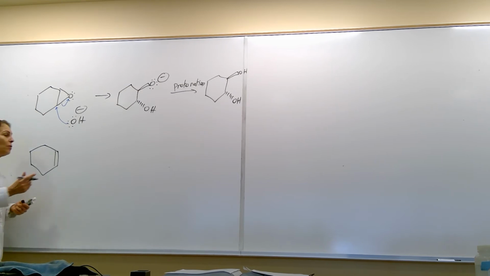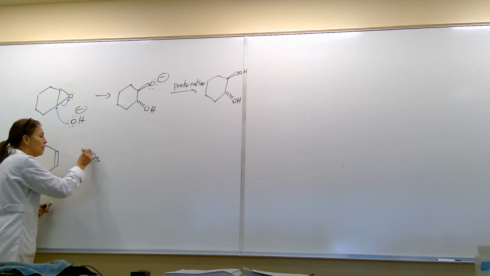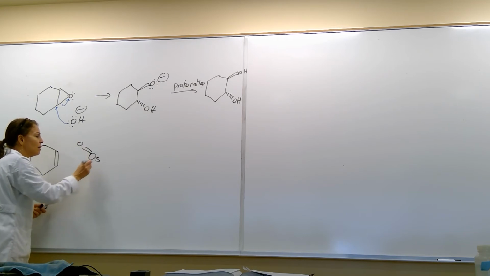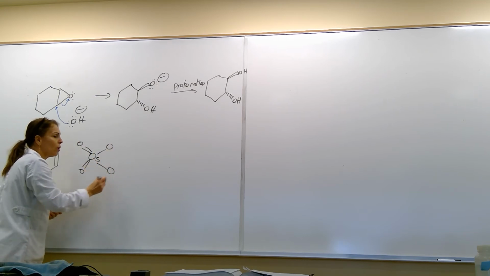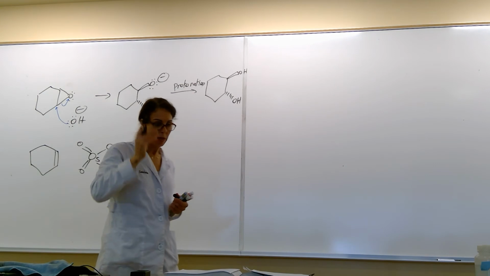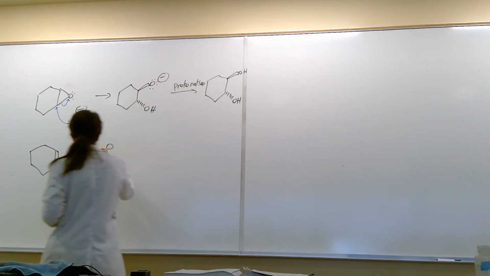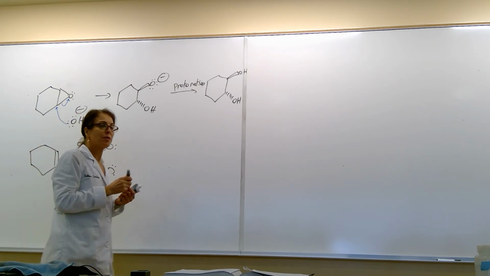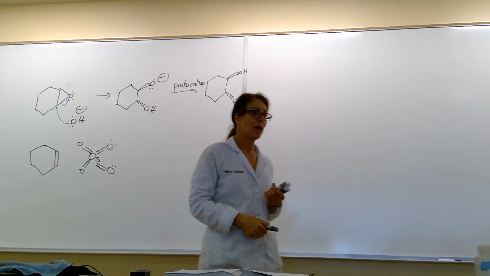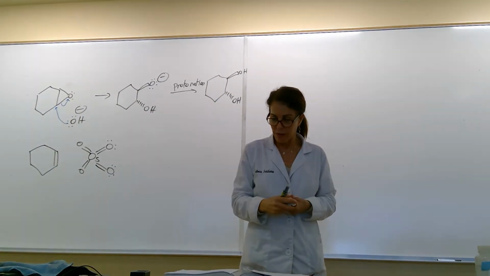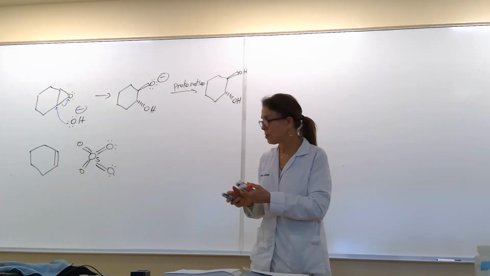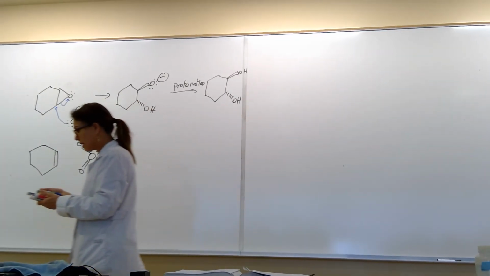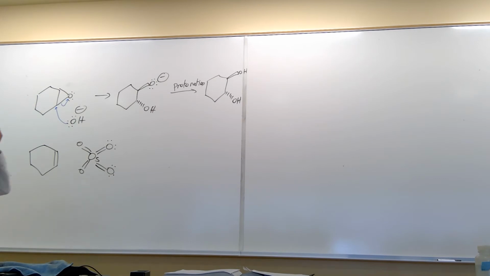Here, you use osmium oxide. So osmium tetroxide is 4 oxygens on the osmium, and they're all double bonded. Because osmium is large, it can have more than 4 bonds, and it goes all the way up to 8 bonds. So how does this work? This is like the Diels-Alder kind of reaction.